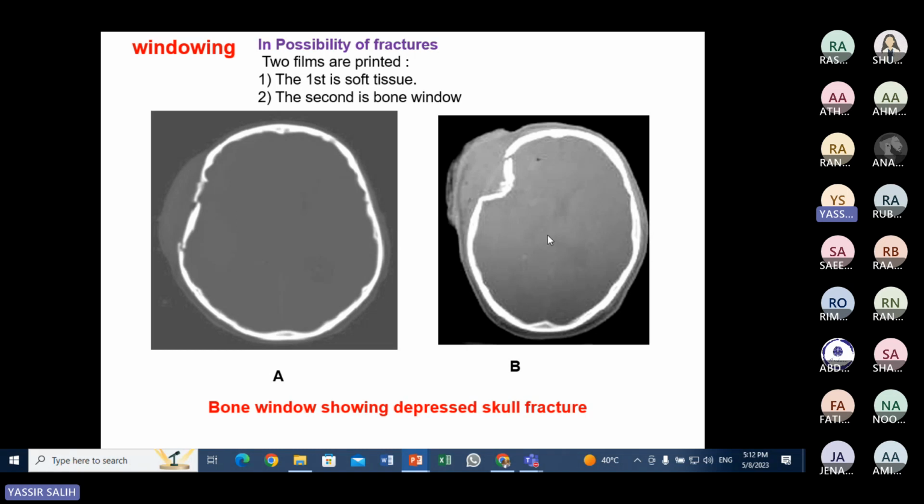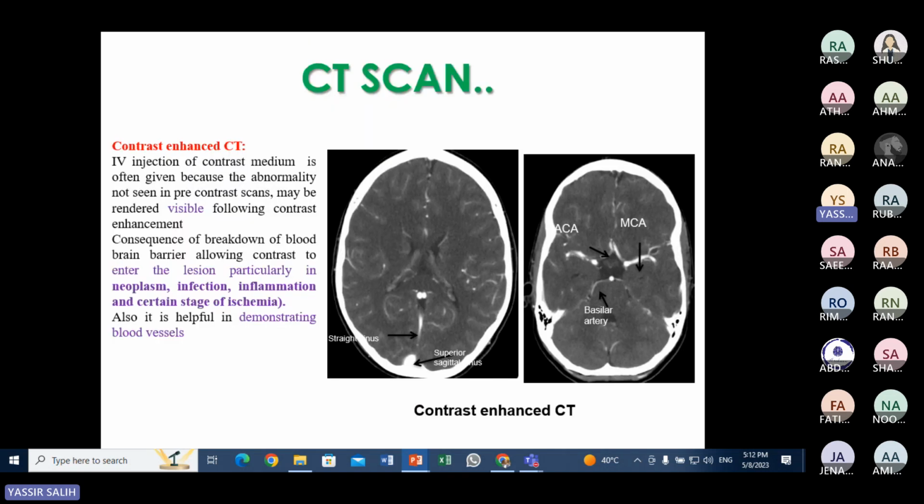It helps us in assessment of the bone, especially. So this is mandatory in case of trauma for assessment of bone fracture, as the plain X-ray usually misses many skull fractures. So CT brain or CT head with bone window is mandatory to be done in case of suspected skull fracture.